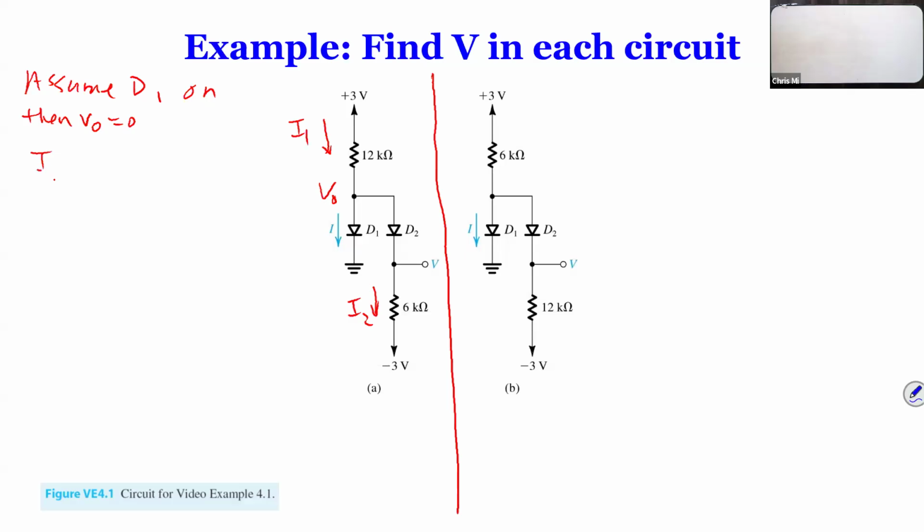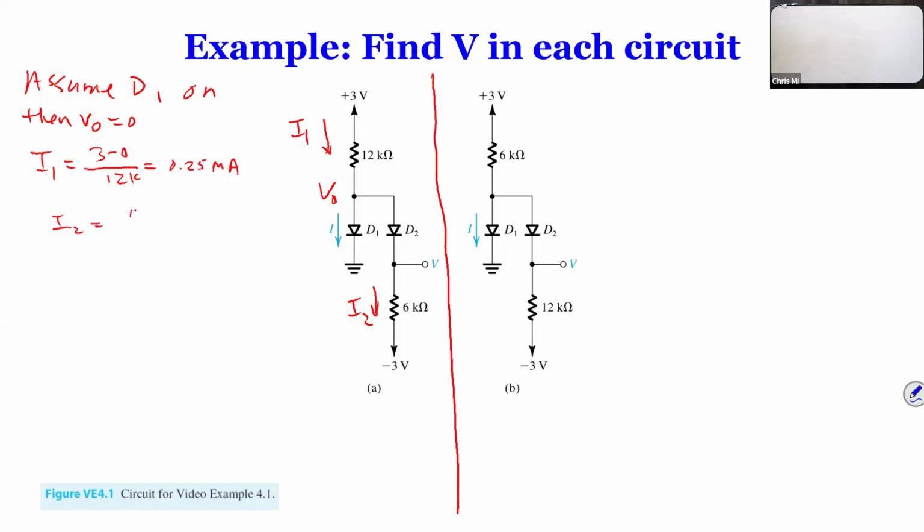I1 will be 3 minus 0 divided by 12K, the voltage across the 12K resistance. That gives you 0.25 milliamps.